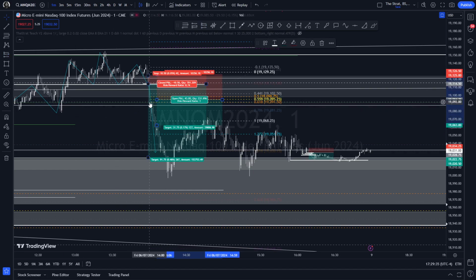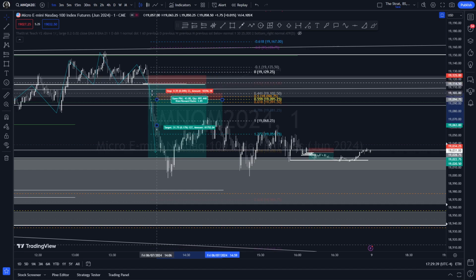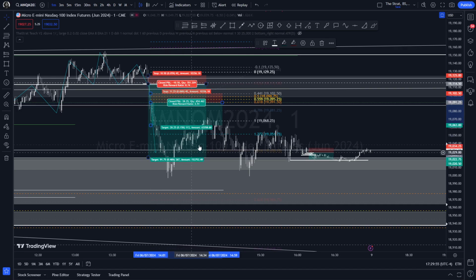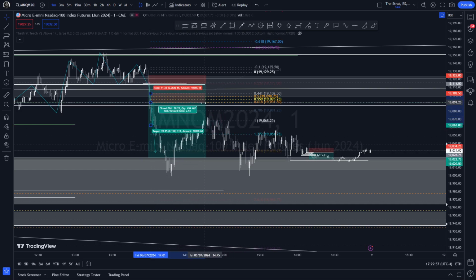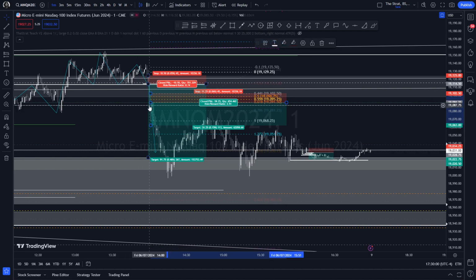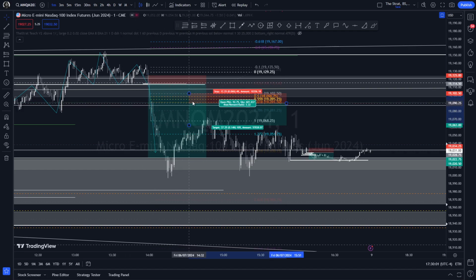I like to enter at around the 0.559 area and put my stop right here, where the 0.441 is. I created that myself. A lot of times, what I've noticed with NQ or minis or micros or whatever, is that you'll see the 0.618 work out a lot.